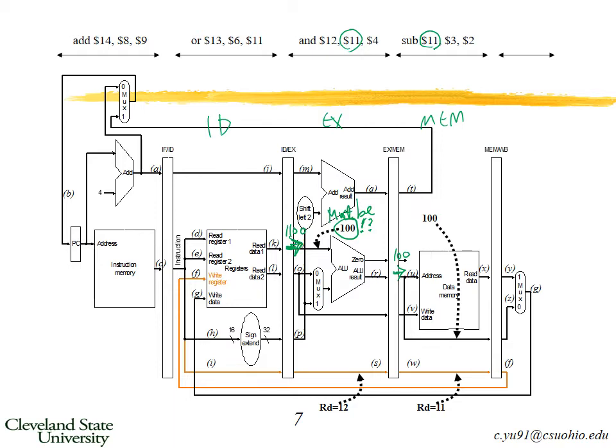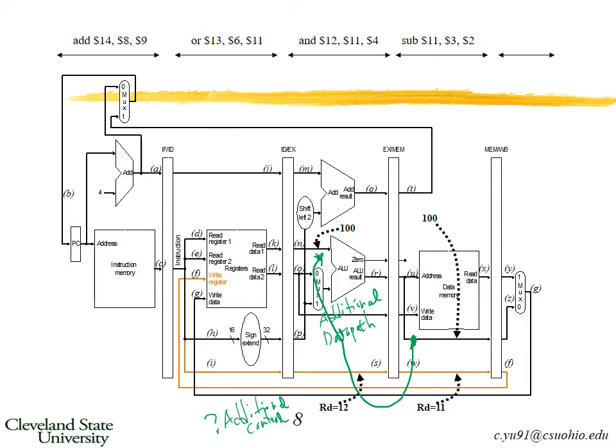The result is 100. It is supposed to be written to register 11, but although that hasn't been done yet, we know the result is 100. So now we have an issue: the value from the ID stage to the execution stage ALU is 1100, but it must be 100.